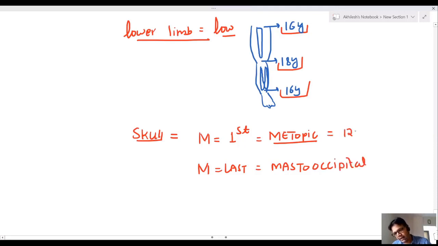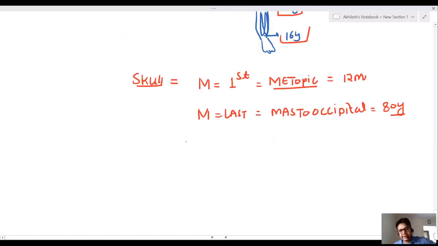Metopic suture fuses at 12 months, masto-occipital suture fuses at 80 years. So first suture fusion is M and last is also M.